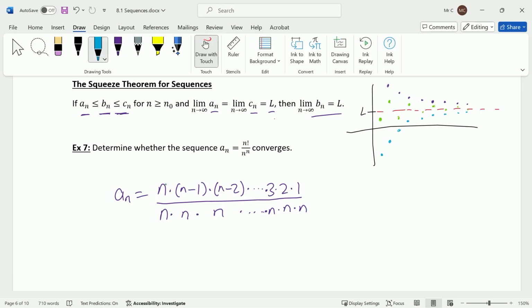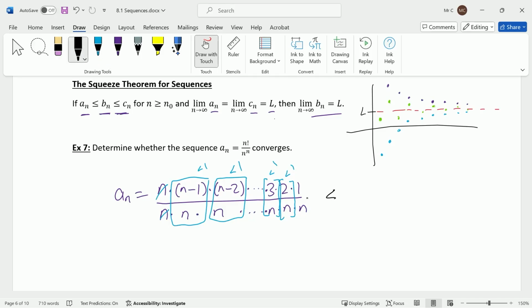So first thing I notice is I can cancel the n over n here. And the next thing I notice is that each pair of terms here, n minus 1 over n, n minus 2 over n, all of these pairs of terms are less than 1. And of course, if I multiply a bunch of stuff less than 1, then the result is less than 1.